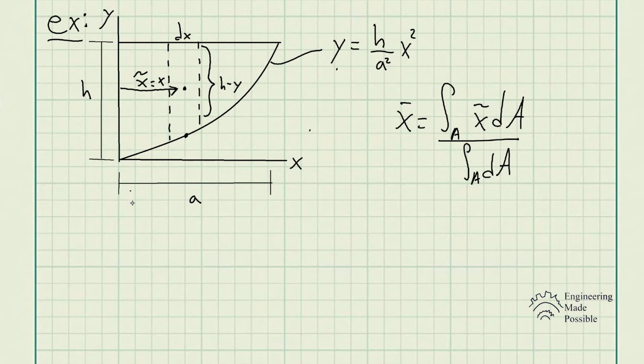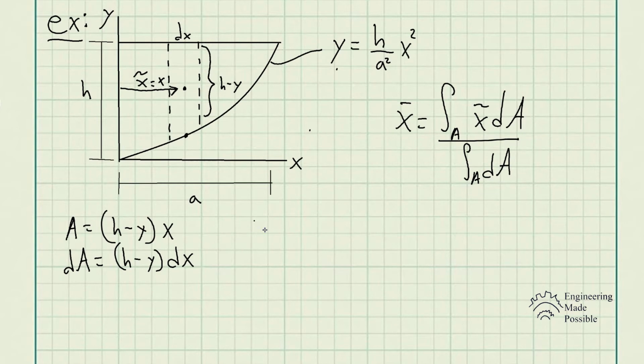The area of a rectangle is equal to length times width, so it's going to be h take away y times x. If you want dA, the differential of that area, it'll be h take away y times dx here.